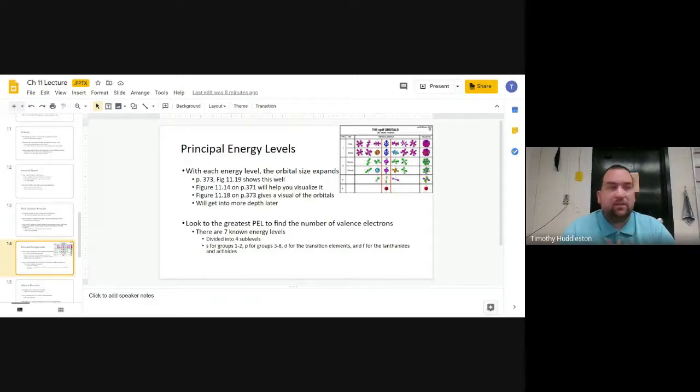If I'm dealing with aluminum, number 13, that is the 3rd element on the 3rd row of the periodic table. That tells me I have 3 valence electrons.